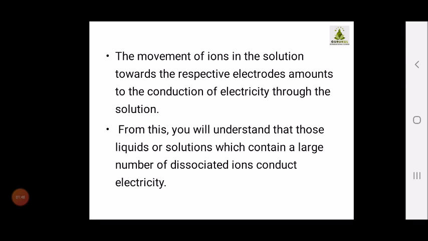Now, this was regarding the dissociation of ions. Children, by now you might have understood that a positive ion is attracted towards the negative electrode, and a negative ion is attracted towards the positive electrode.